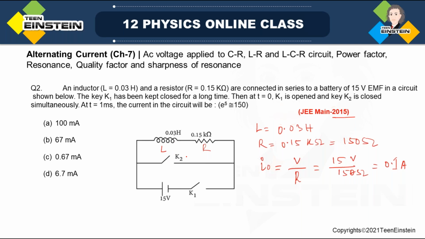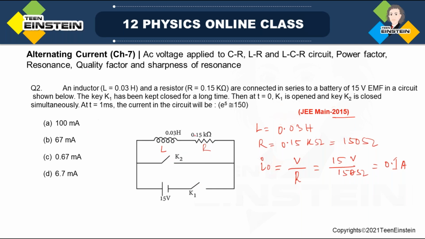Now if K1 is opened and K2 is closed, there is no battery, and this is done very quickly. We have to see the current in the circuit after 1 millisecond, a very small duration of time. So as soon as you open K1, you close K2 simultaneously.